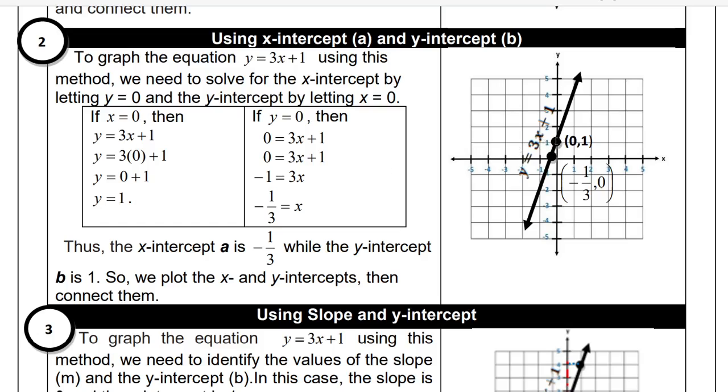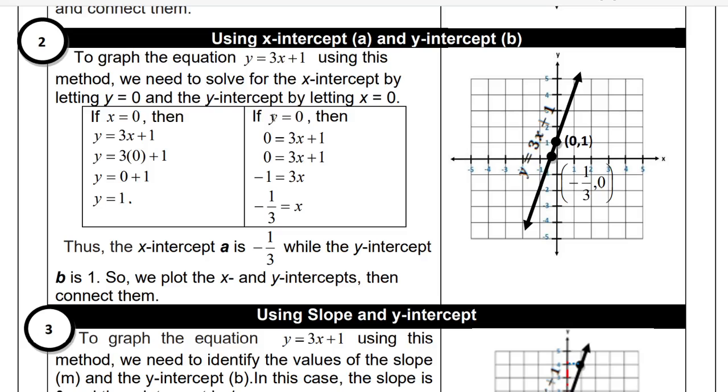So, nasa 1. Okay. How about your x-intercept? Your x-intercept, you always assign y equals to 0. So let y be equal to 0 to solve for the x-intercept.